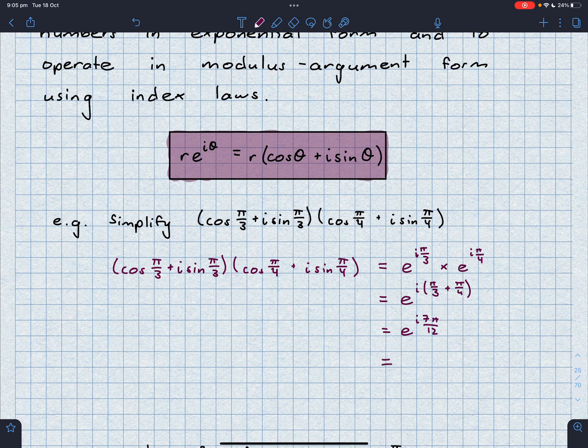And if I wanted to write that back in polar form, it would just be cos 7 pi on 12 plus i sine 7 pi on 12. So, nice and easy, just adding our powers together.